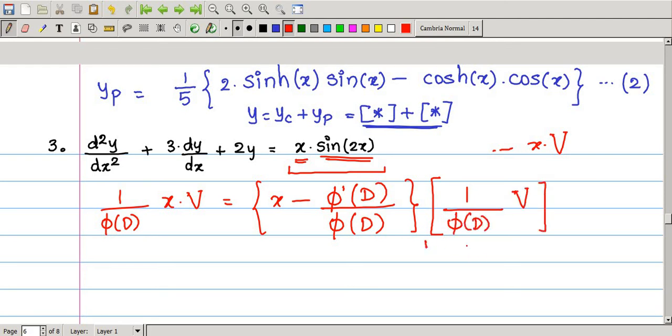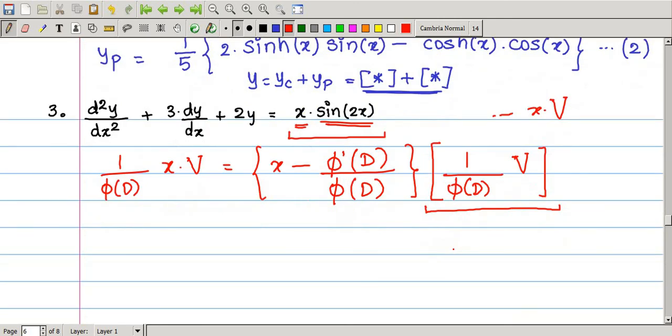And the most important condition is that the value of this part must not be obtained from a case of failure. So we check whether it is a case of failure or not. For that, we consider the auxiliary equation. So it is equal to d square plus 3 times d plus 2 equal to 0.